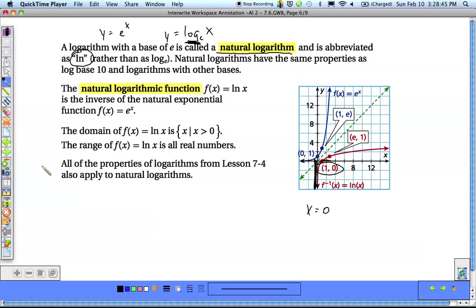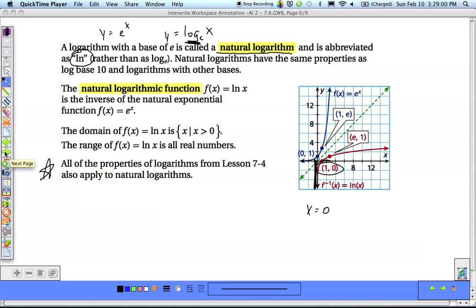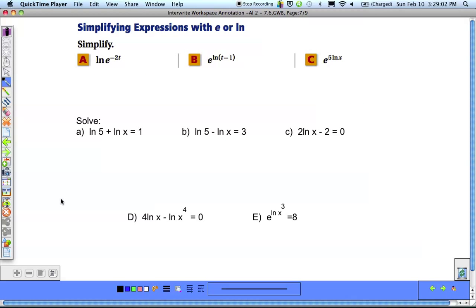The really nice thing about the natural log is that everything we learned in 7.4 about the properties of logs and in 7.5 about solving equations with logs applies to natural logs. It's not going to be any different. So let's take a look at some problems solving things with natural logs. Example A: the natural log of e raised to the negative 2t.